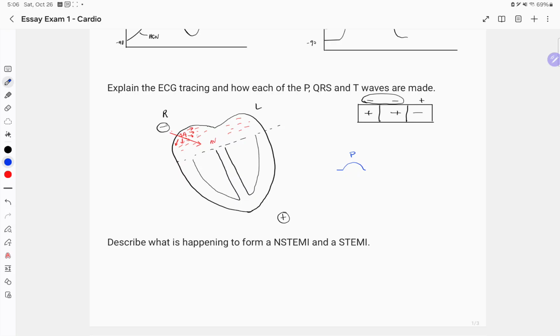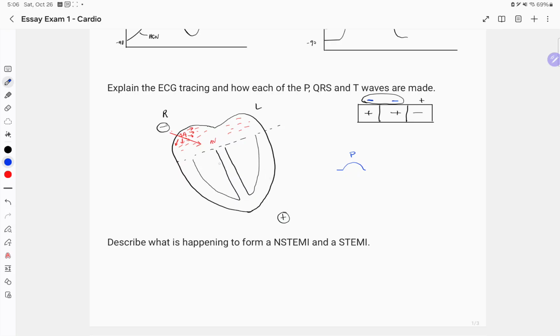with these vectors, we have a negative tail because of this depolarization occurring throughout the atrium, which is causing the atriums to contract. And that means that the charges on the outside of the cell are, like we said, negative, and that gives this average vector, this big arrow, a negative tail, and it's headed towards a positive lead here.